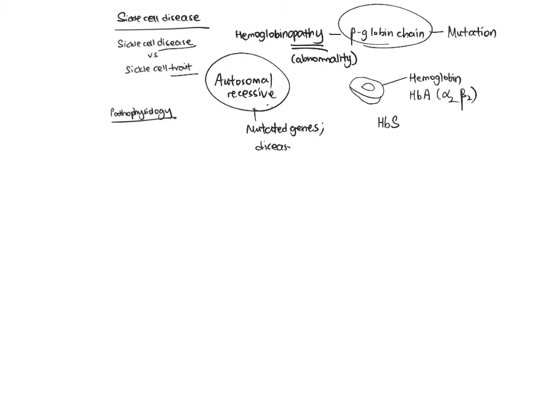So two copies of it. In sickle cell disease, there's the presence of two gene mutations, so they are homozygote. And homozygote just basically means there are two of the hemoglobin S gene mutations. And in the sickle cell trait, there's only one of it. So it's heterozygous.